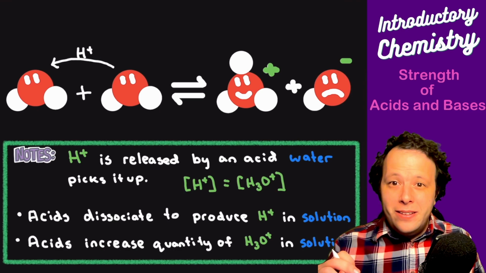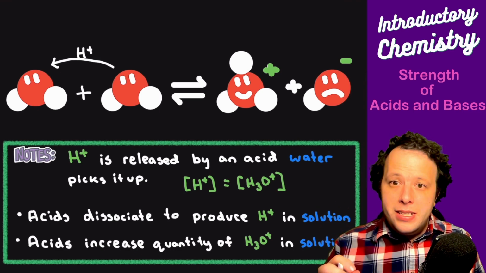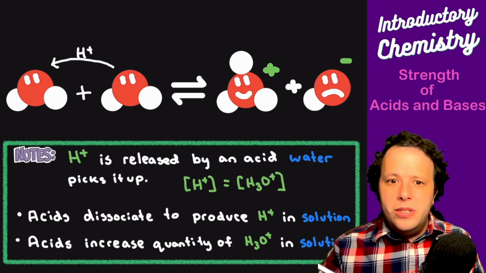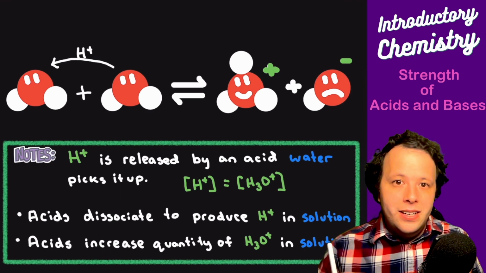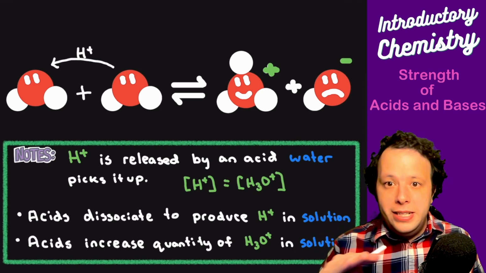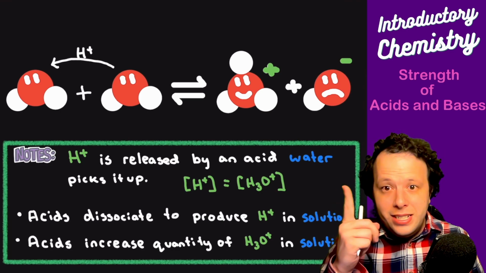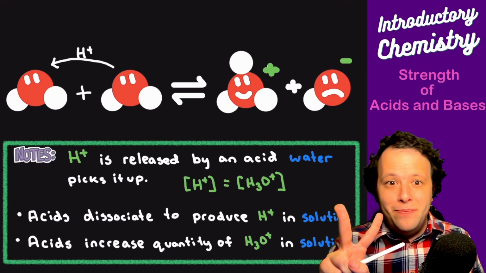One thing that's really important to realize is that H+ is generally written to talk about how acidic something is. We can also use hydronium ion to represent that too, so H3O+. Those two are generally considered to be equivalent to one another in solution. So there's two different ways to look at this, right?